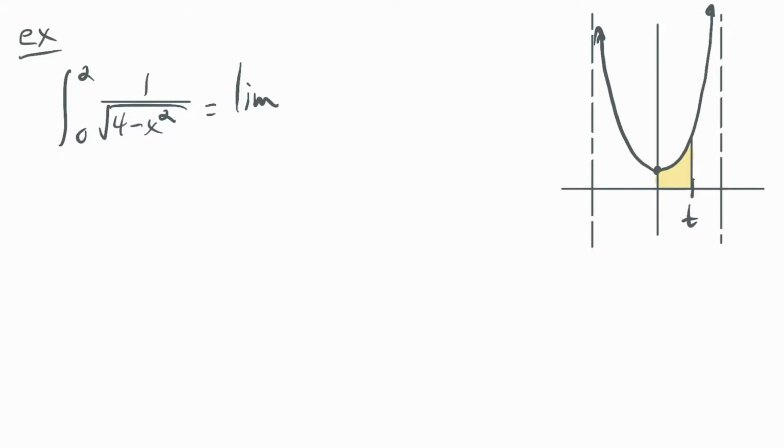So the limit as t goes to 2 from the left of the integral from 0 to t of 1 over the square root of 4 minus x squared dx.